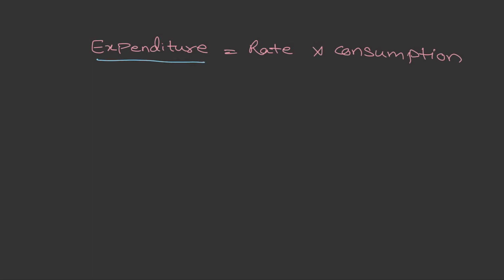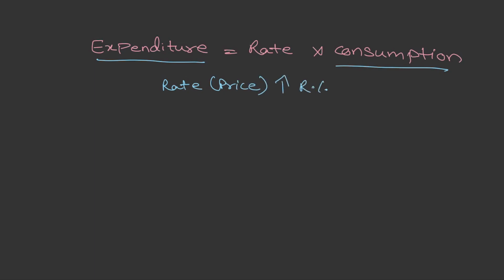As I've said earlier, expenditure is equal to rate into consumption. Till now we have seen what we must do to make expenditure constant. Now let's see what we must do to maintain consumption as constant. Again, let's suppose rate or price increased by R%.